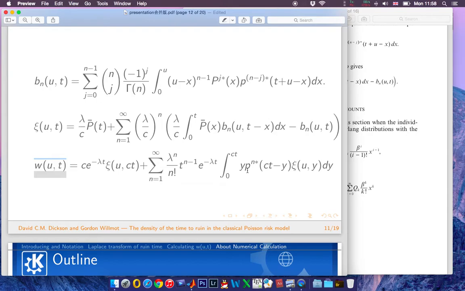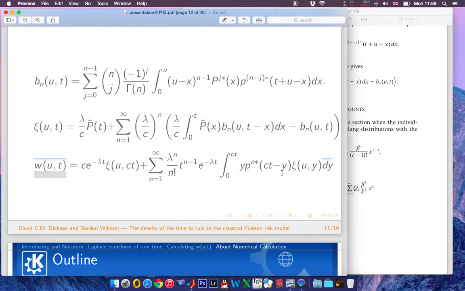The first question is how we approximate all of the integrals here. Let's take an example: the integral from 0 to c(t) of this thing with respect to y. We just divide 0 to c(t) into several uniformly distributed intervals, take the value of the inside part at each of these intervals, sum all of their values and multiply by your interval size, which is a rough approximation of the integral.